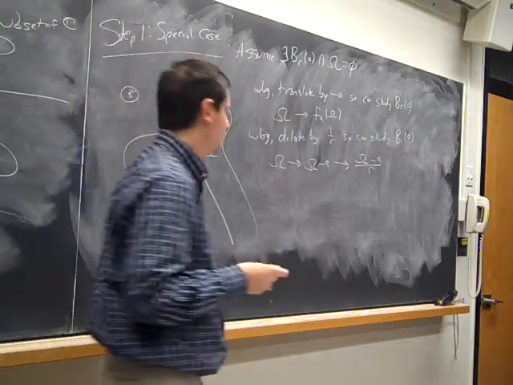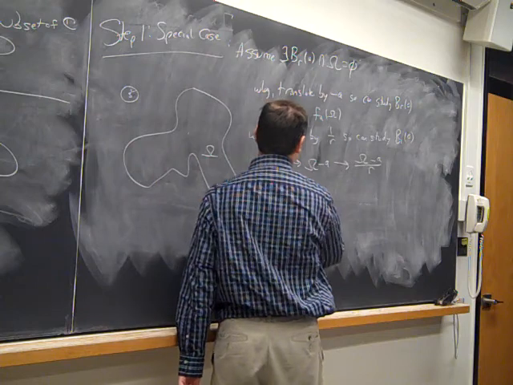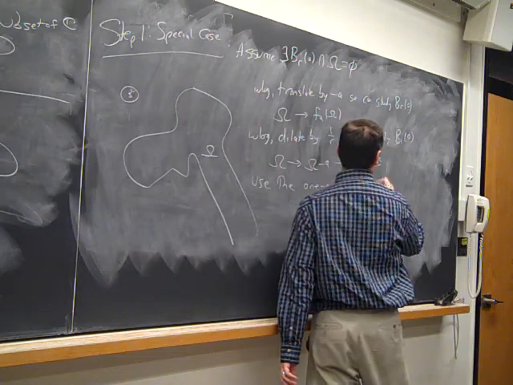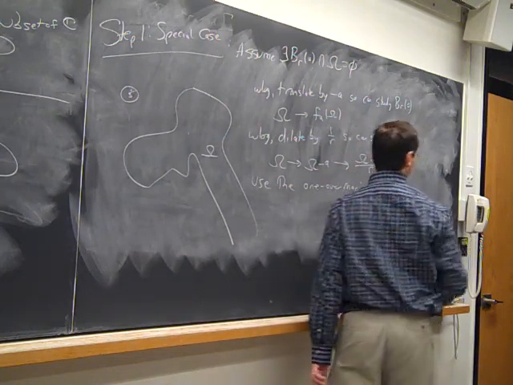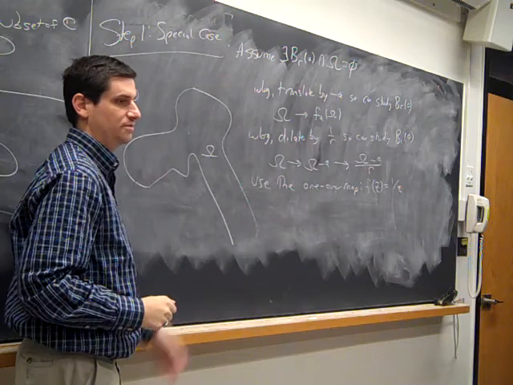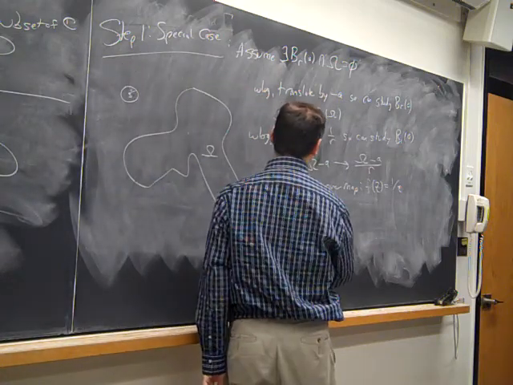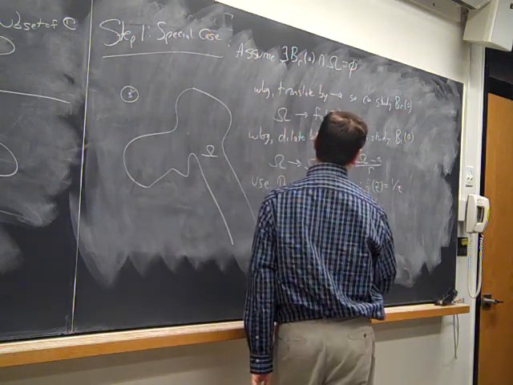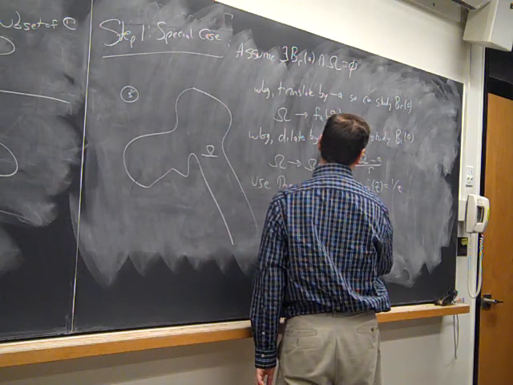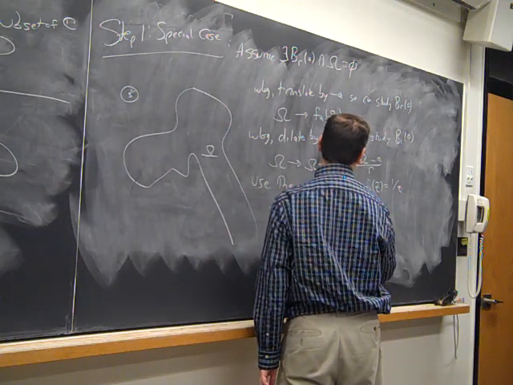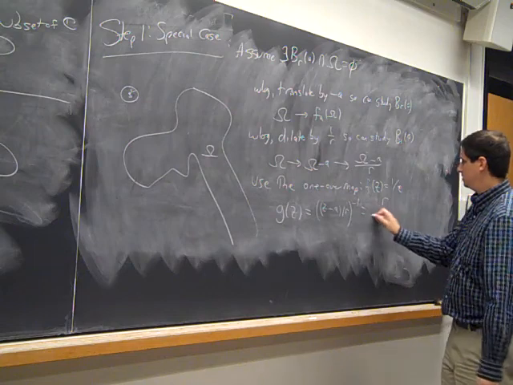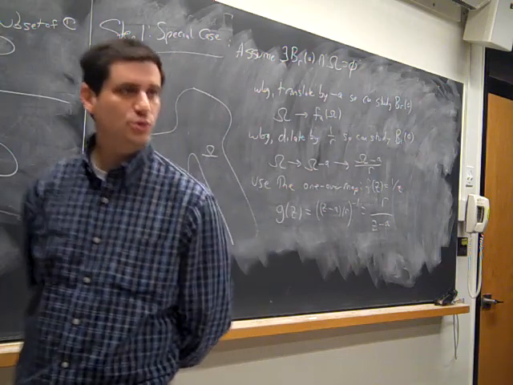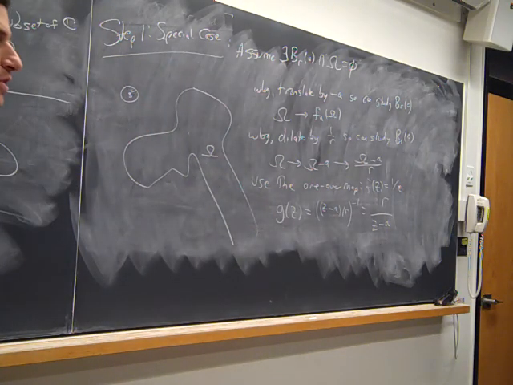Use the 1 over map. F of z is 1 over z. And that maps the outside to the inside. And so now our final map, g of z, would be, I think, z minus A divided by r, inverse. I think it would be r over z minus A. And so we've now mapped our set into the unit disk.